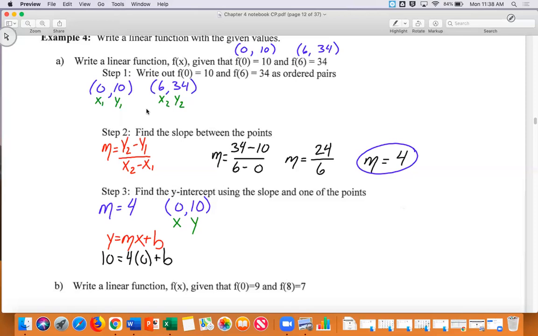So I have 10 equals b. And now I write the equation with m and b. So y equals 4x plus 10. We okay? All right.